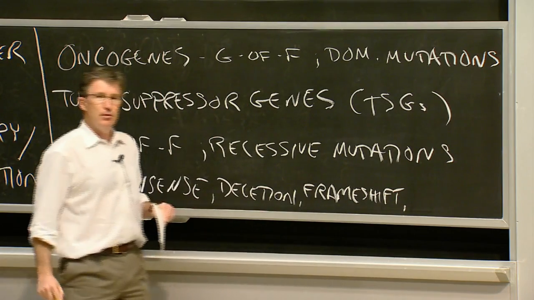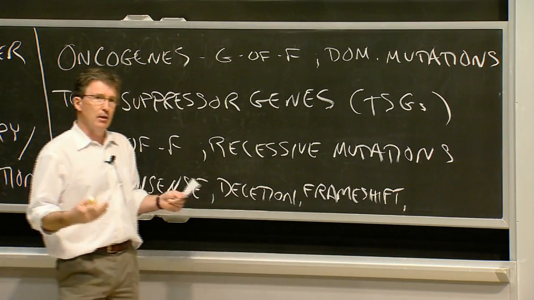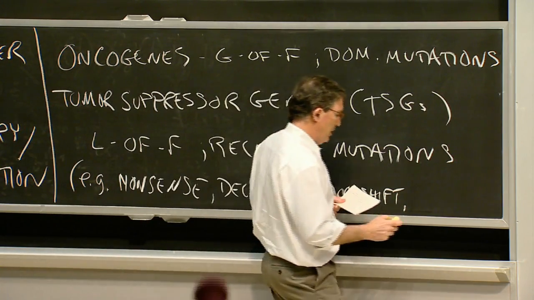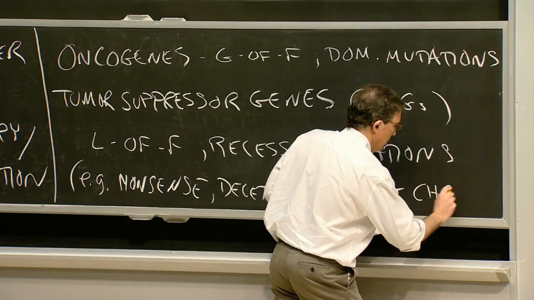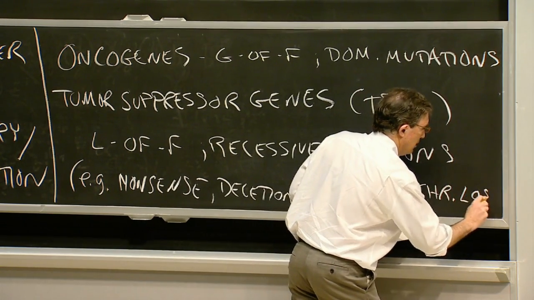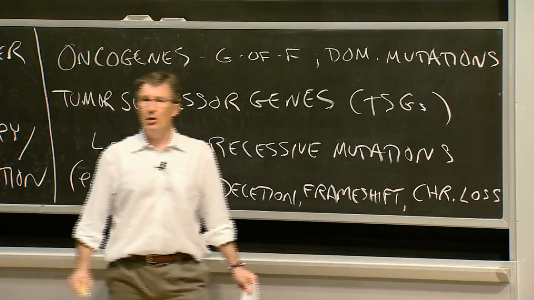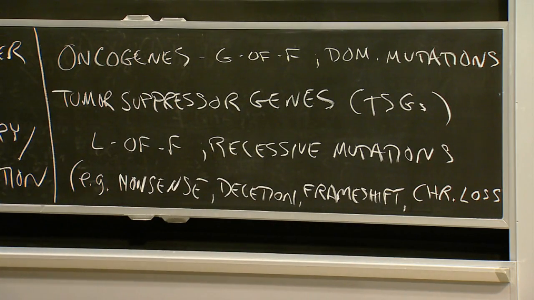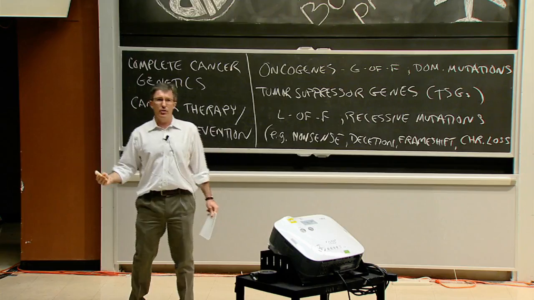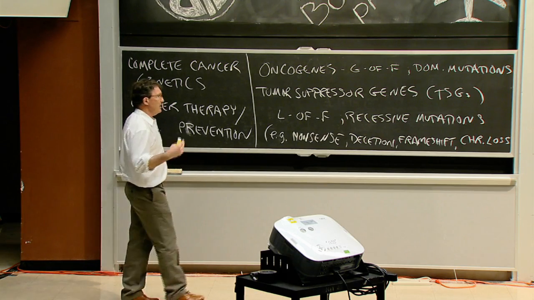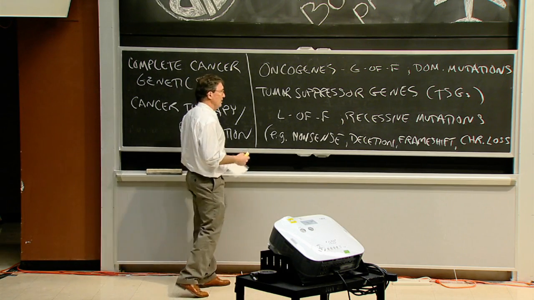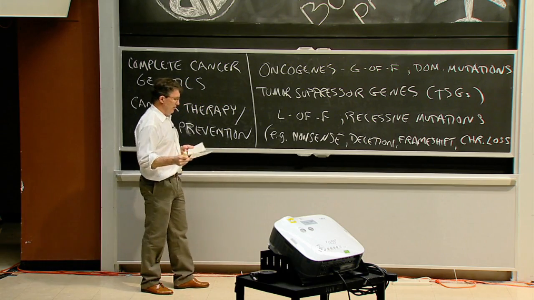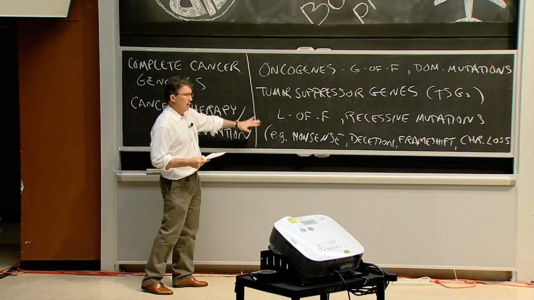You might find a frame shift mutation, again, that blocks the ability to make any protein or much protein. And I also told you about chromosome loss events, the loss of the chromosome that carries the normal copy of the tumor suppressor gene, as a frequent second event to lose the remaining wild type copy of the gene. Okay, so this is just a little bit of review.